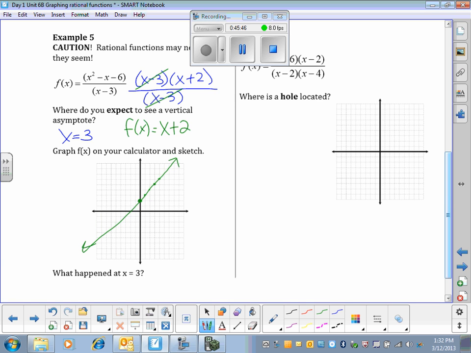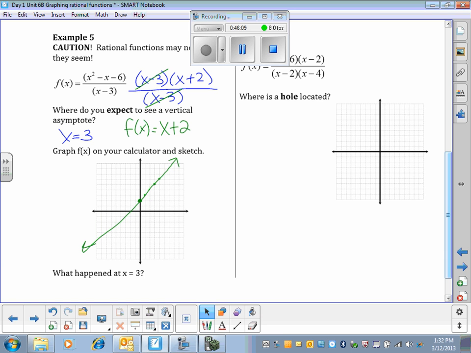Yes. Okay, now go to the table and find x equals 3. What does it say? Error. Because when you cancel this, the restriction that it creates doesn't go away.